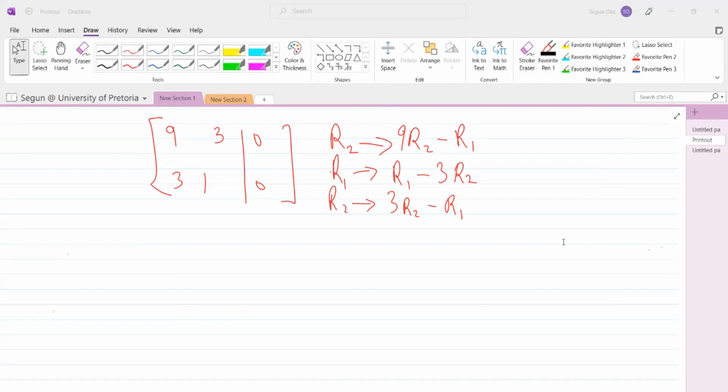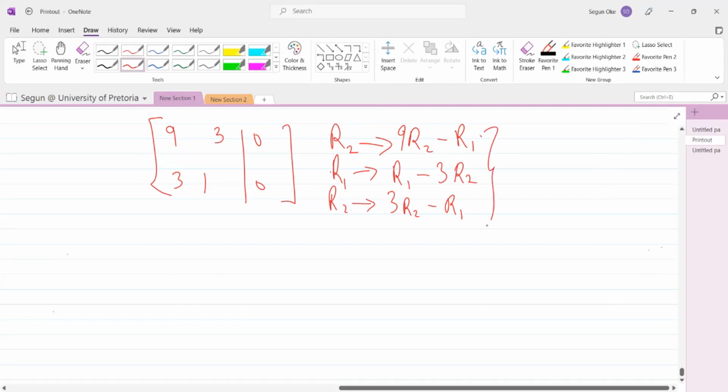Okay, let's continue. Now, I love this option, but you have to be careful with a big value. Some of us using this one, you'll find it difficult. You already have 3 in R2.